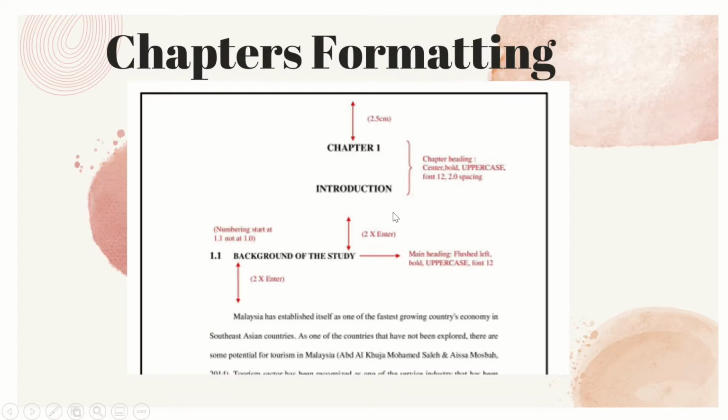The third one is this is an example of chapters formatting. What does it mean? The measurement of the writing, they have specification. Chapter 1 introduction, the font size, the paragraph, the spacing, things like that.